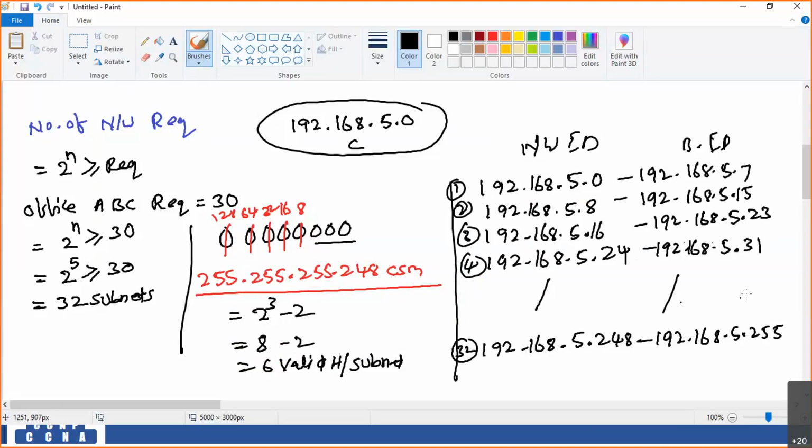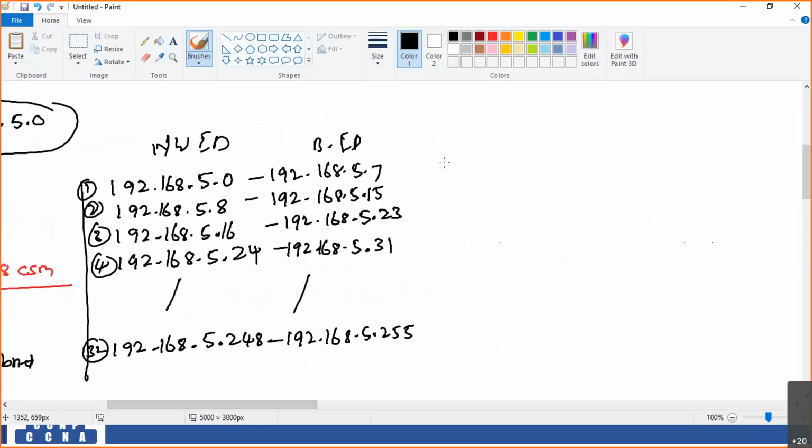Here is one question. What would be the default gateway for these subnets? Here 5.0 is the network ID and 5.7 is the broadcast ID of the first subnet range.